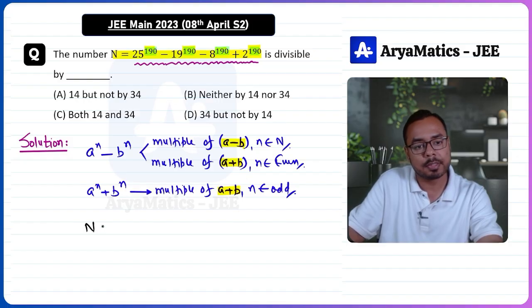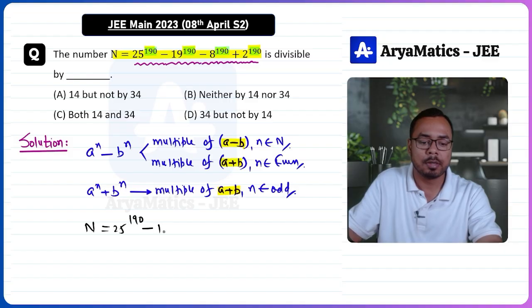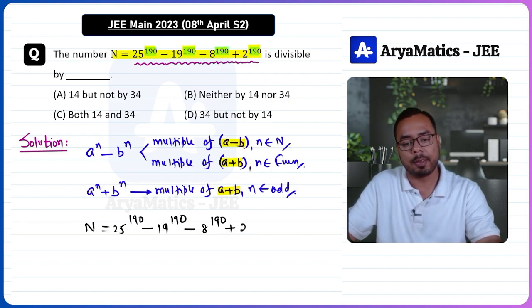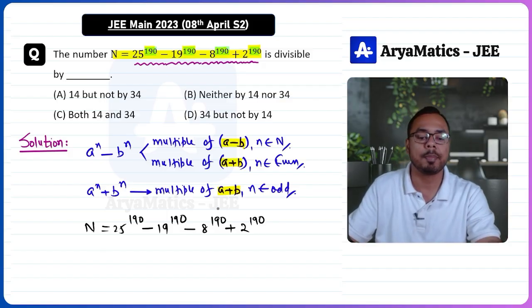The given number is 25 raised to 190 minus 19 raised to 190 minus 8 raised to 190 plus 2 raised to 190. You can see that for all of these numbers we have the same exponent, and we have to find whether it is divisible by 14 or 34 or both of them.